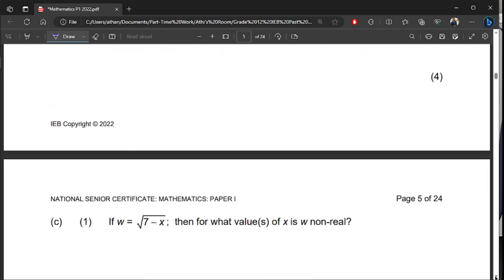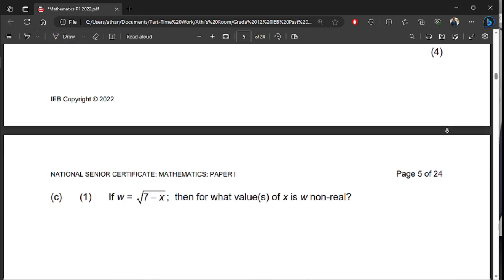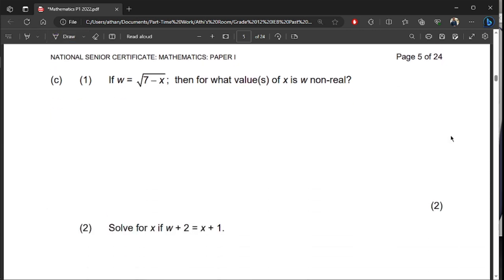Question C. If I move down to question C, let us try to answer this question. If w is equal to the square root of 7 minus x, then for what values of x is w a non-real number?